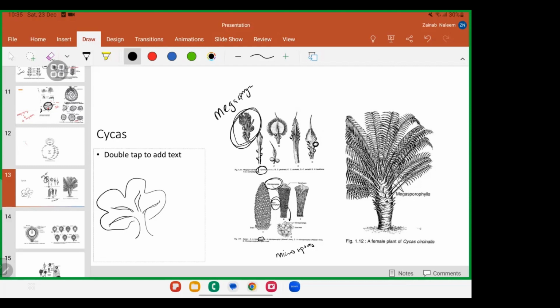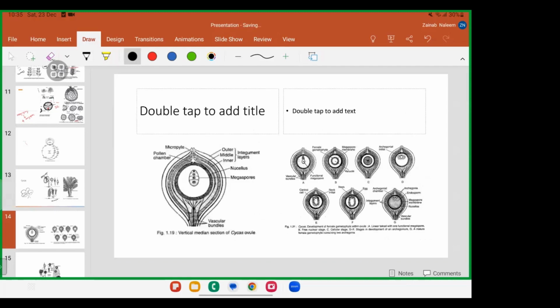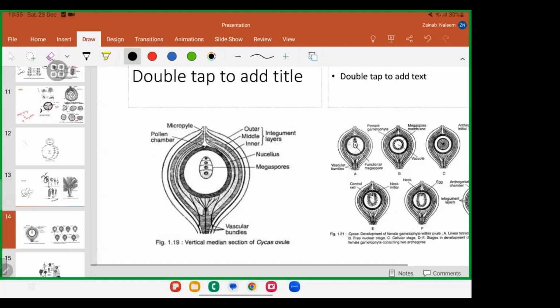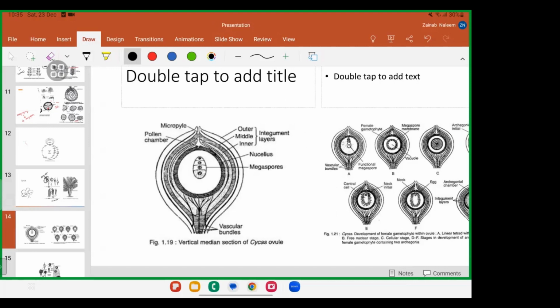Now, if you take the megasporangium, okay, this is the megasporangium. If you zoom it in, you can see the megasporangium is like this. Usually we call it megasporangium, but in the cycas, the megasporangium is covered by an integument.